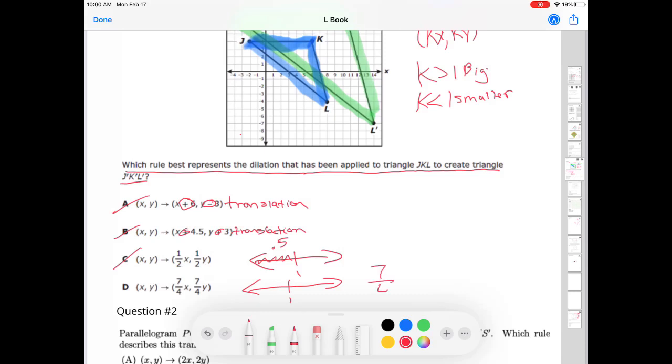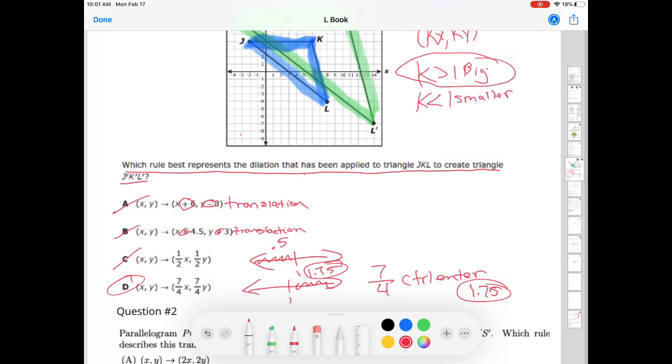If I want to convert 7/4 to a decimal, I get 1.75, which is on the right side of 1, greater than 1. So my answer is D, because k greater than 1 means the image gets bigger.